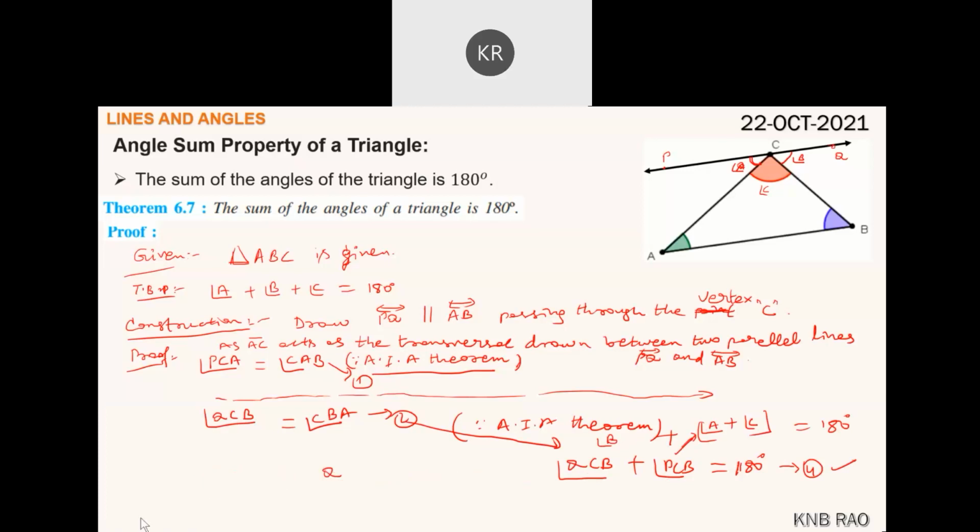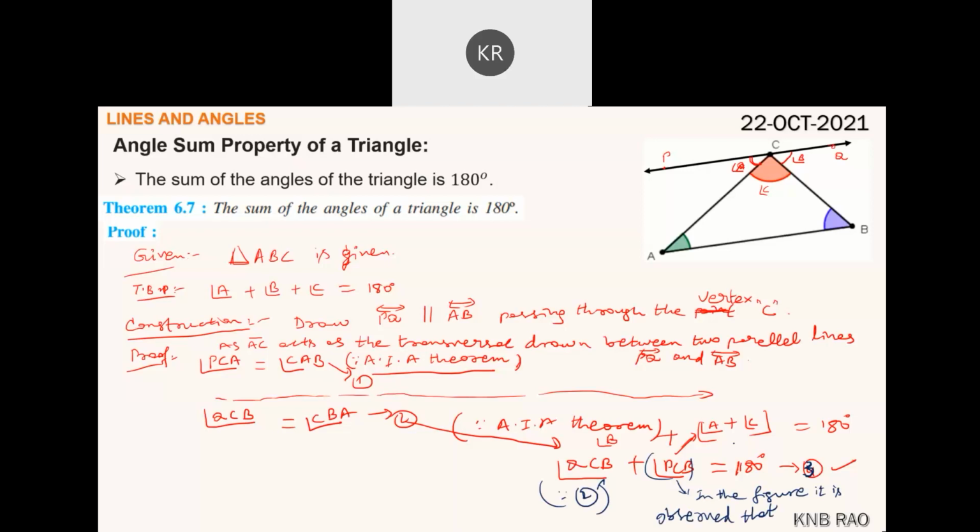Now, let me make this equation 3. And since 2, I have substituted this angle QCB as angle B, or angle CBA. And in the figure, it is evident, or it is observed, that angle A plus angle C equals angle PCB.